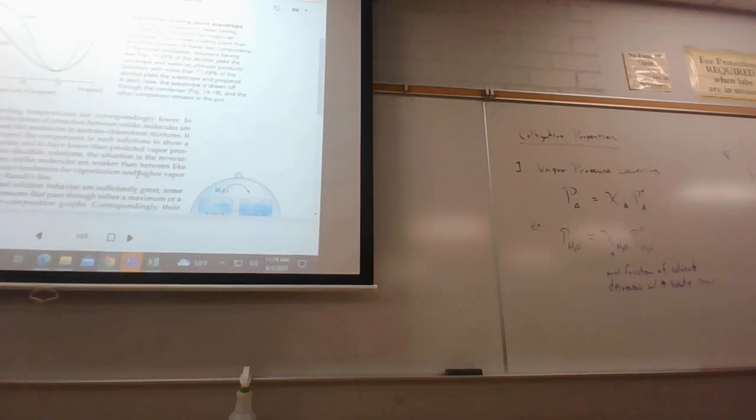Colligative property number 4 is osmotic pressure. And so the melting point depression is delta T. Delta T is equal to a constant times the molality. It's directly proportional to the molality. The delta T here is called delta TMP, and this is called delta TBP, or delta TB.